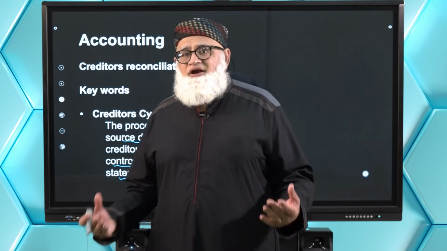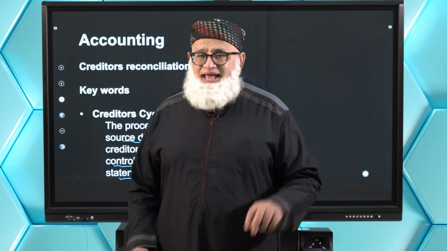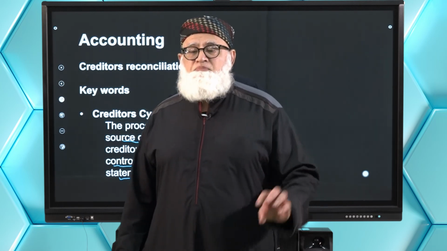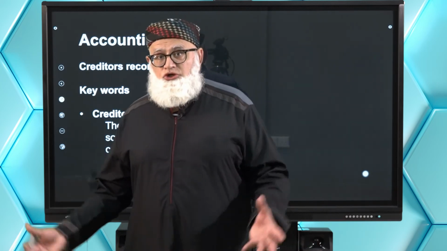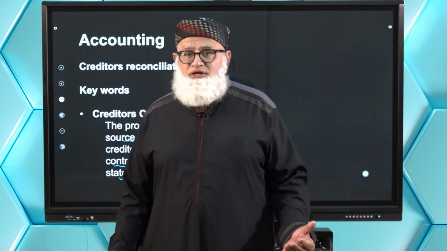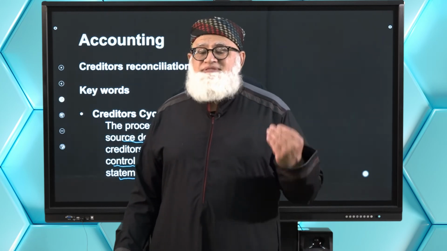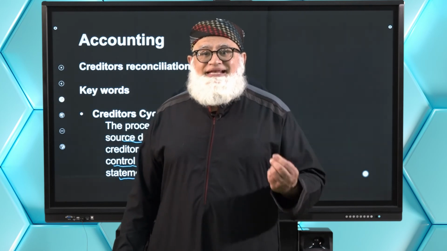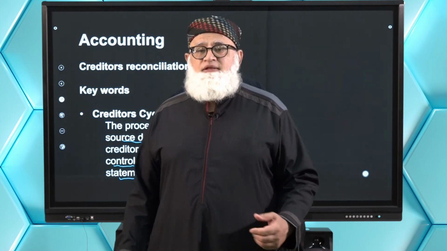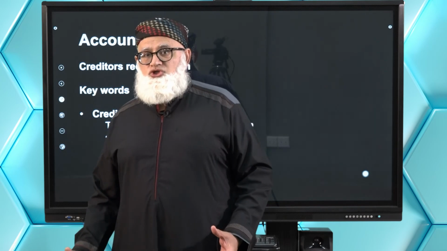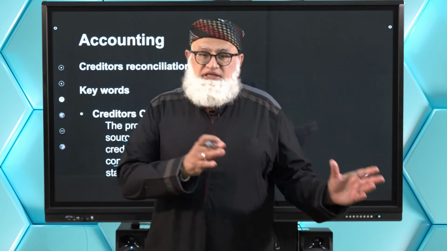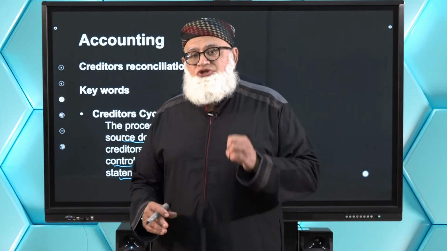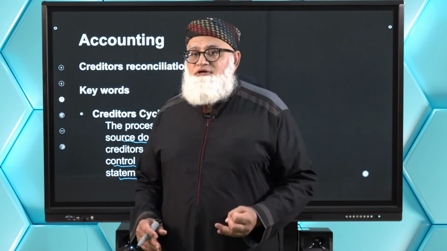The documents are recorded in our books as well as in the books of our creditor. We update our creditor's control account in the general ledger, as well as the creditor's personal account in the creditor's ledger. So we've updated all our records, starting from the source documentation to the eventual entries in both the general ledger and the creditor's ledger.